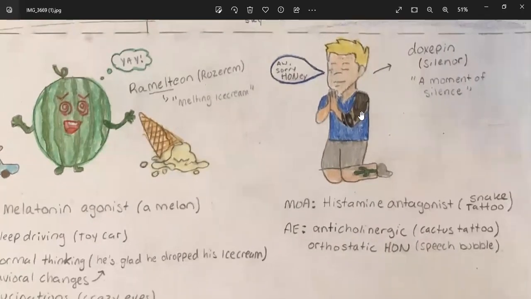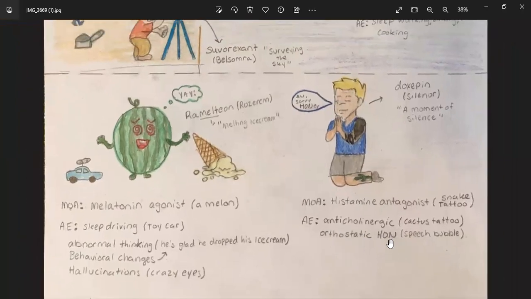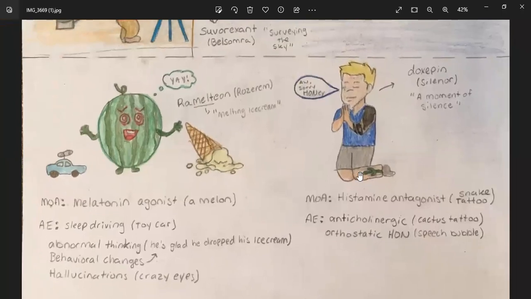Snake, because snakes hiss. So histamine antagonist. And his adverse effects, or this drug, doxepin or Silenor, the adverse effects are anticholinergic, so he also has a cactus tattoo, and then orthostatic hypotension. Hypotension is hun, and he's like, oh, sorry, hun, you dropped your ice cream, orthostatic hypotension.